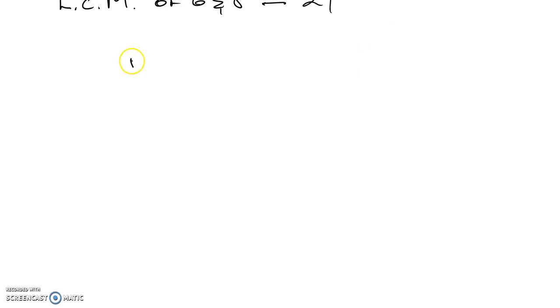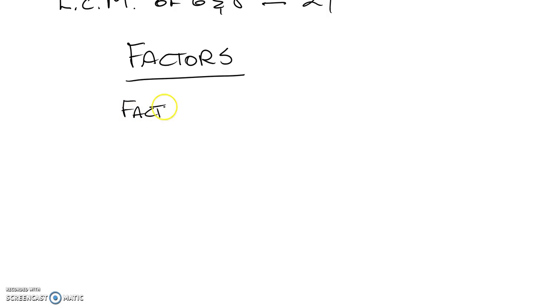Let's now have a look at factors. So when we're talking about factors of numbers, a factor is a number that divides exactly into another number. That is, it divides in with no remainder. So let's have a look at the factors of 15, first of all.